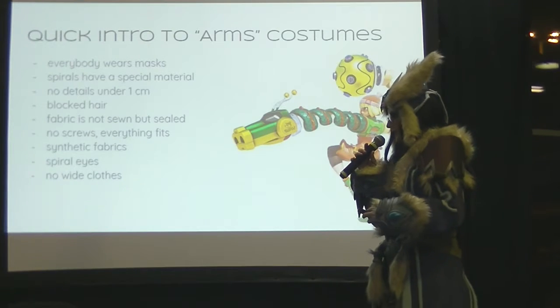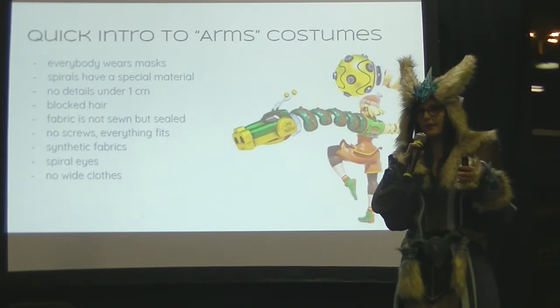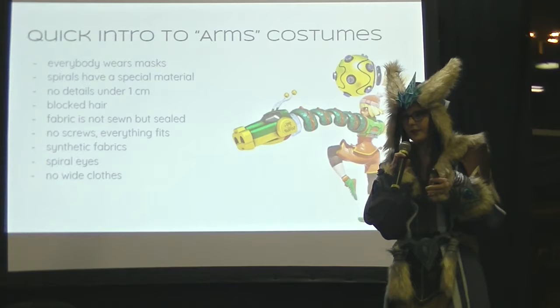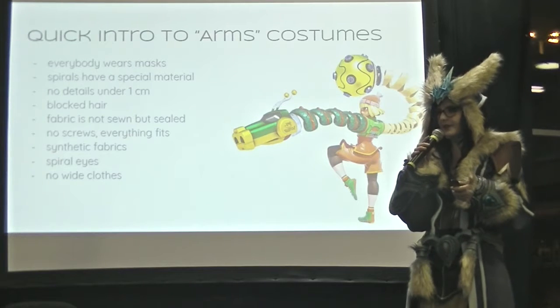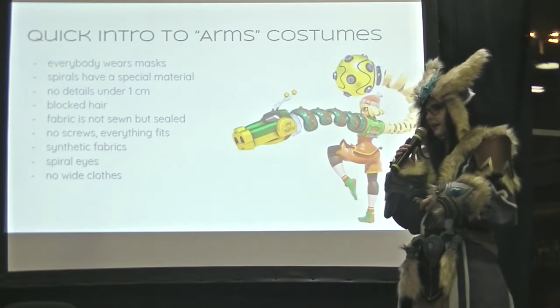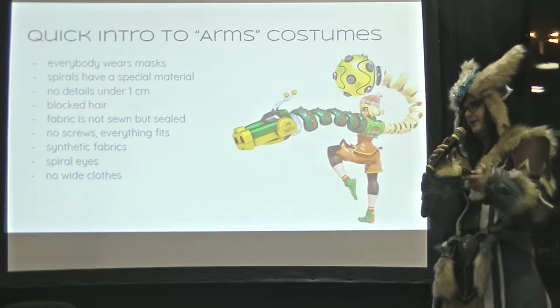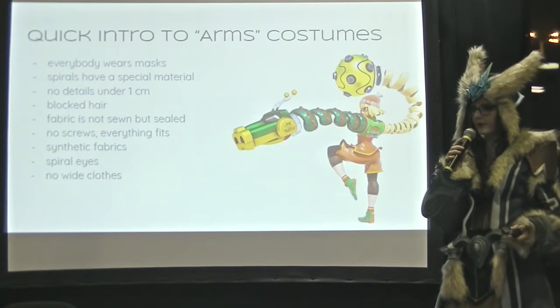You can limit your materials to a certain type of fabrication when you know the environment of the character. I would like to use the game ARMS from Nintendo. I have analyzed it and put out some things I noticed about the clothing in this game when it comes to materiality.